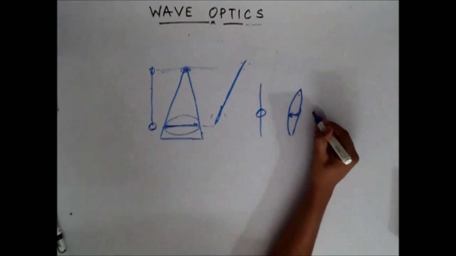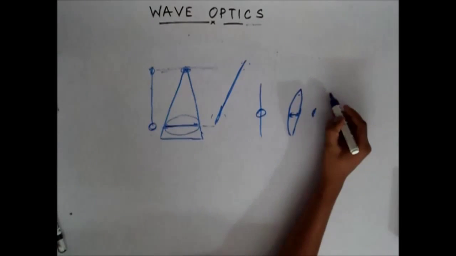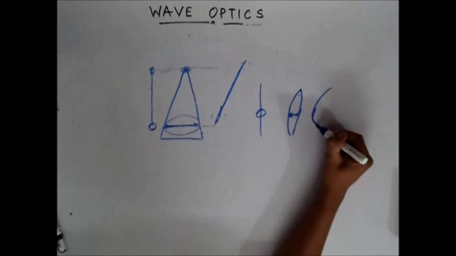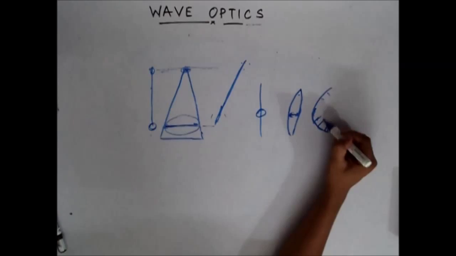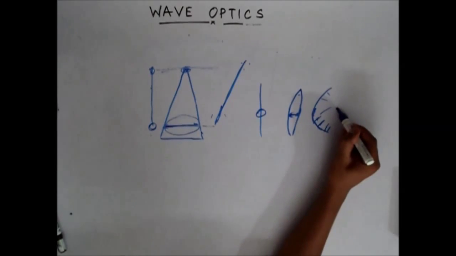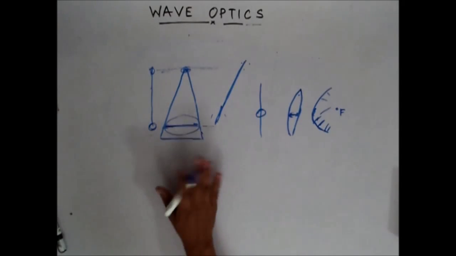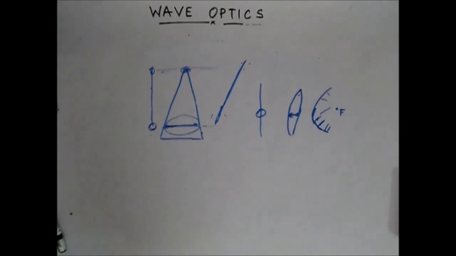So this portion will get delayed compared to this portion, and the refracted wavefront will look something like this, and it will converge at the focus. So these are some examples where you can find the shape of the refracted wavefront using either Huygens principle or using your common sense.